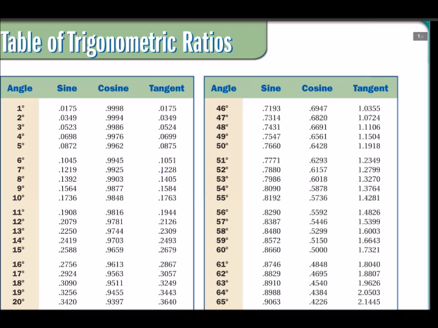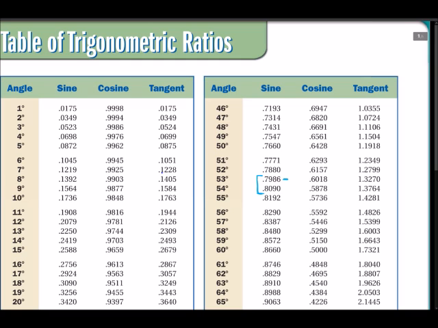All right, so we want sine 0.8, cosine 0.6, and tangent 1.333. Well, where are we going to get that? One of these two is about as close to 0.8 as you can get. This one's probably a little closer.